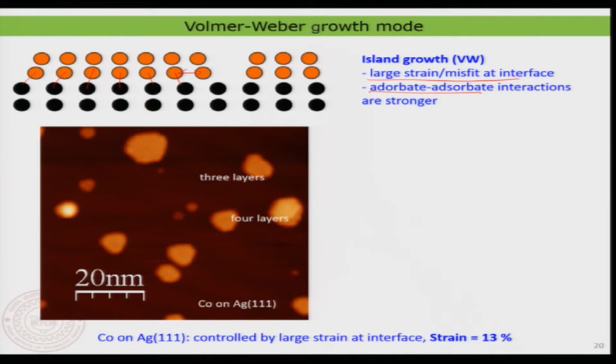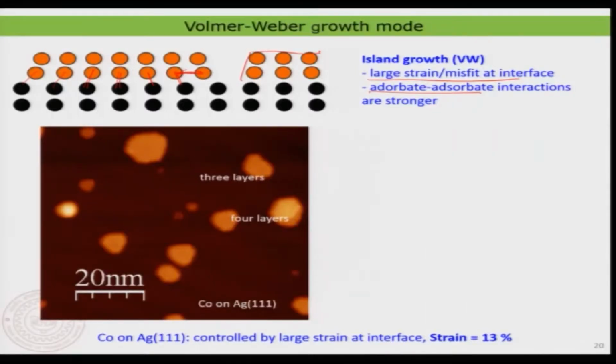Now, when E intra is taken largely into account, you would see that there is less relaxation at the interface, and that is the reason why the interactions or the bond formation between the adsorbate and the surface is kind of tilted. If that is the case, then you would easily form islands, and as the island height increases, the distance between the adsorbate layers also relaxes back to its bulk lattice.